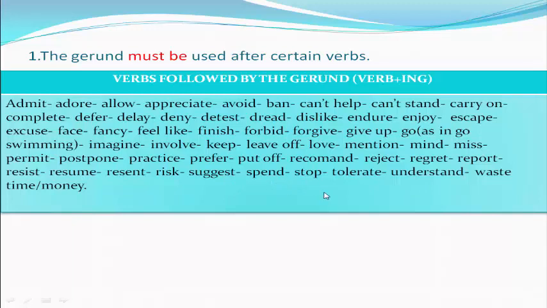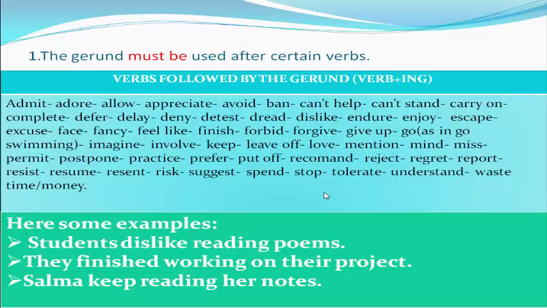So when we have one of these verbs, we must use the gerund form in the second verb, and I am going to give you some examples. For example, students dislike reading poems.